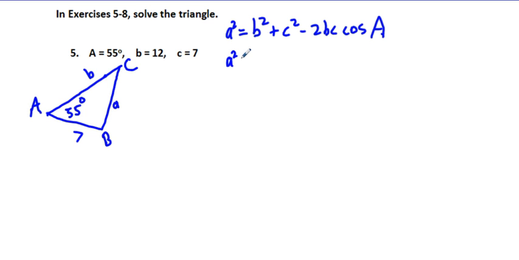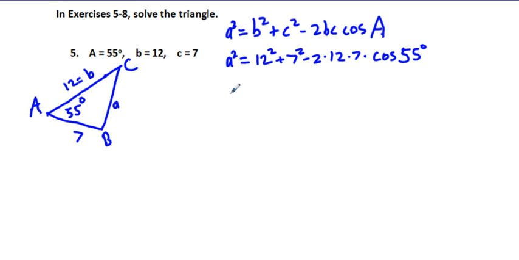A squared is equal to, well, B is 12, so we have 12 squared plus C squared, which is 7 squared, minus 2 times 12 times 7 times cosine of angle A, which is cosine of 55 degrees.